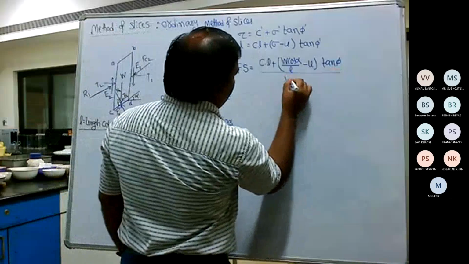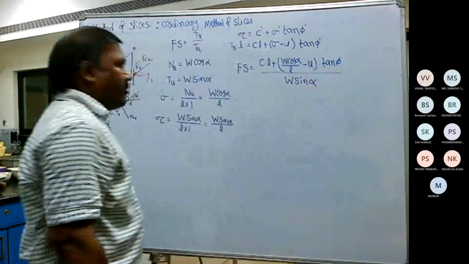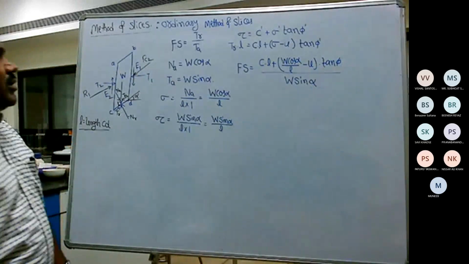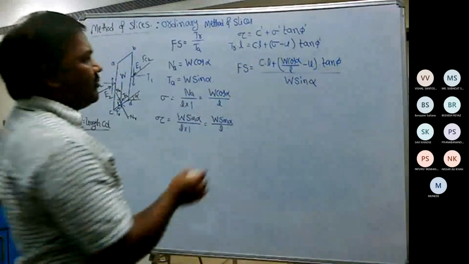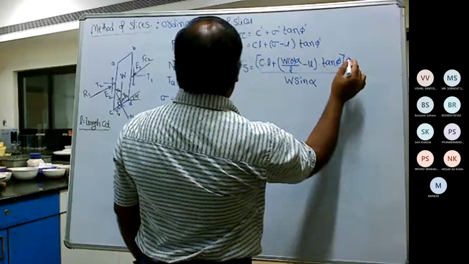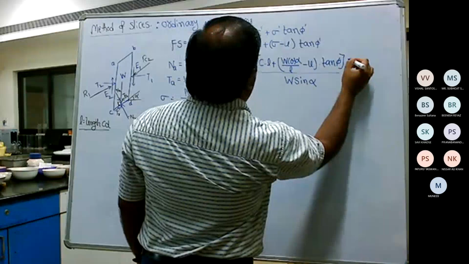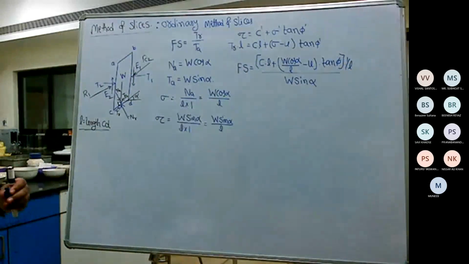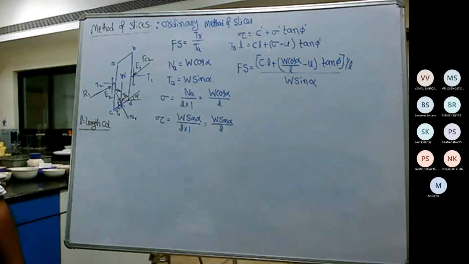TA is W sin alpha. But this should be multiplied with L, no? So everything should be divided with L. So here if I take directly TA, 1 upon L. Just check it once.